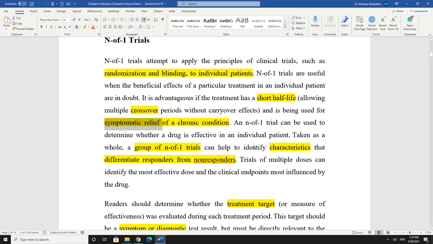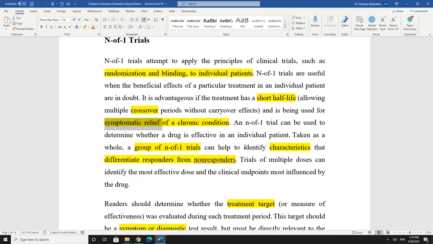As I told you, in N-of-1, if we are using more than one N-of-1 study, for example, let's say I made a literature review and I found that for a certain drug there have been more than one N-of-1 trials.